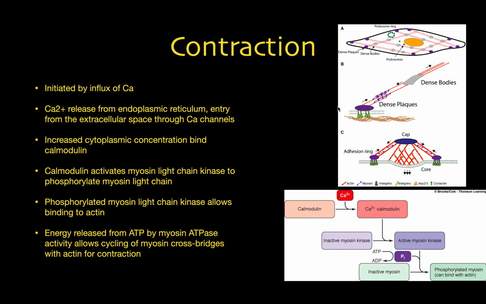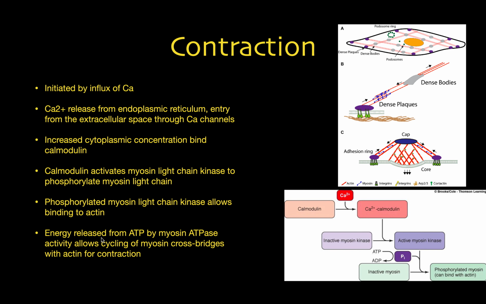Calmodulin will activate the myosin light chain kinase to phosphorylate the myosin light chain, and that will allow the binding to actin. And then the phosphorylated myosin light chain kinase will move the inhibition out of the way, allowing the actin to bind. It's very similar to skeletal and cardiac contraction, just with a different kinase.